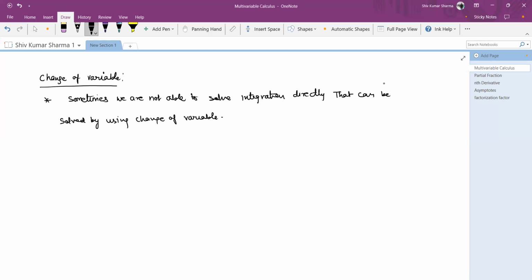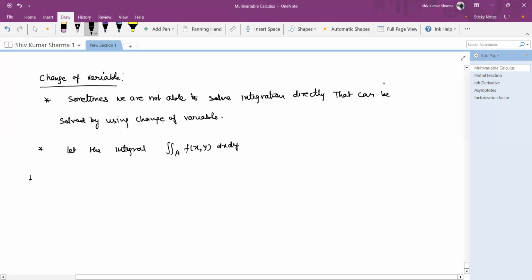So we define, let the double integral over the region A of f of x y dx dy. So we use the first method. In the first method, we take some relation as given.